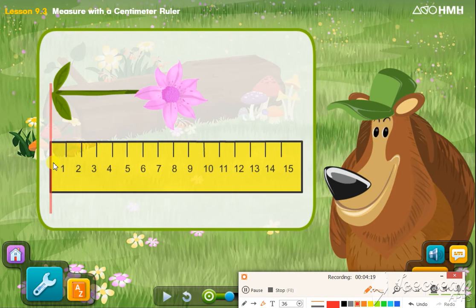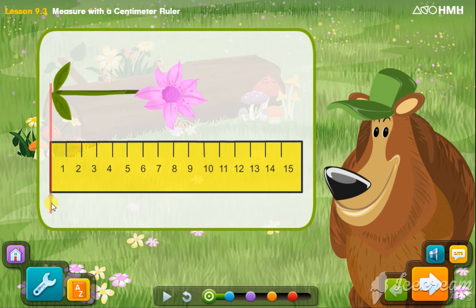The second important point is to be sure that the ruler is in centimeters, not in inches, not in any other measuring unit, okay? Now, let's see how we can use the ruler, okay? Okay, great.